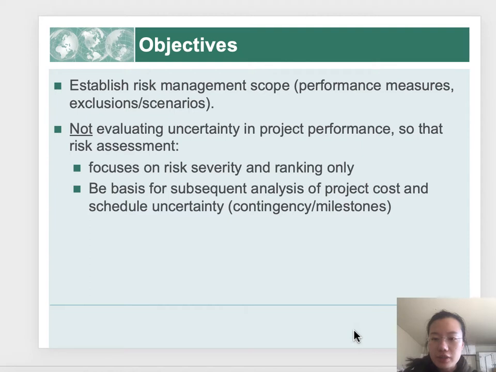We are not evaluating uncertainty in project performance, so the risk assessment focuses on risk severity and ranking only, and is the basis for subsequent analysis of project cost and schedule uncertainty.